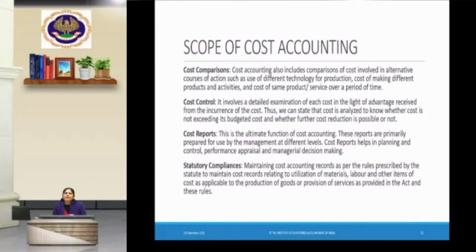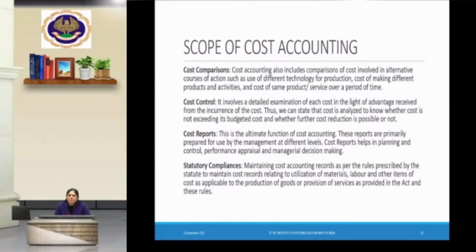Let us say in 2019, what was the cost of product A? Then in 2020, what was the cost? So over a period of time we compare the same product's cost in different years. Or we compare the cost of different products, or the cost if we produce with a different technology. Any which way, we have a scope of comparison of cost.